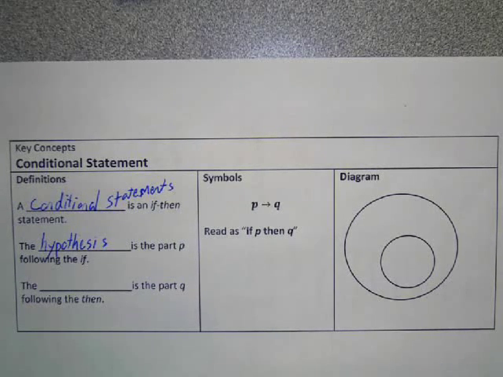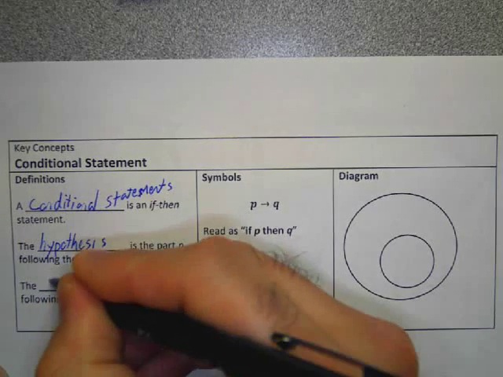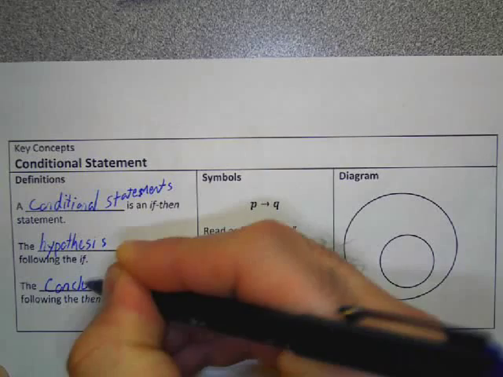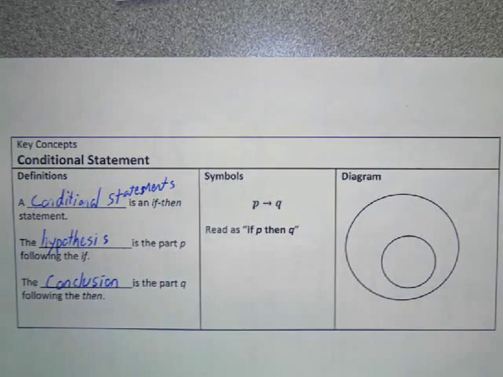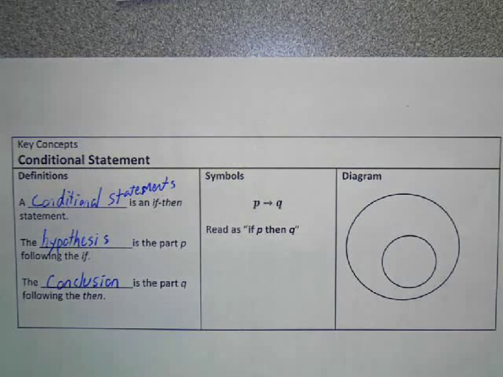And then the second part, the then, we call the conclusion. The conclusion is the part Q following the then. So if P, then Q.